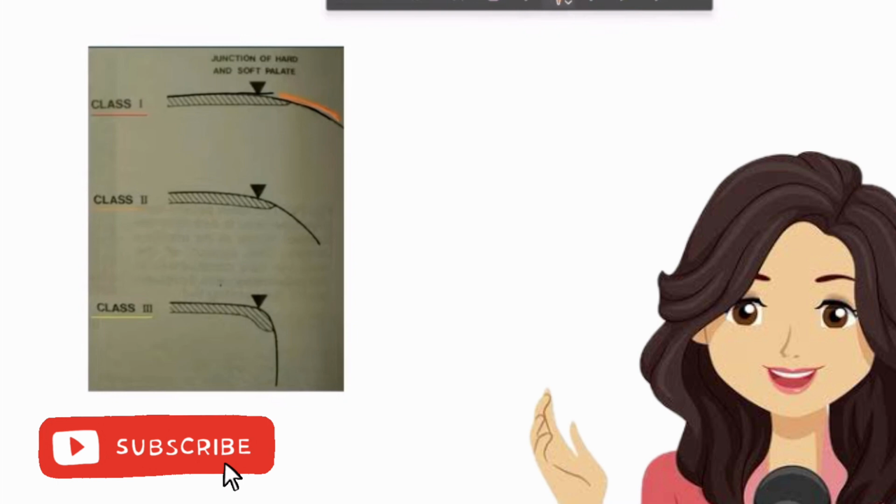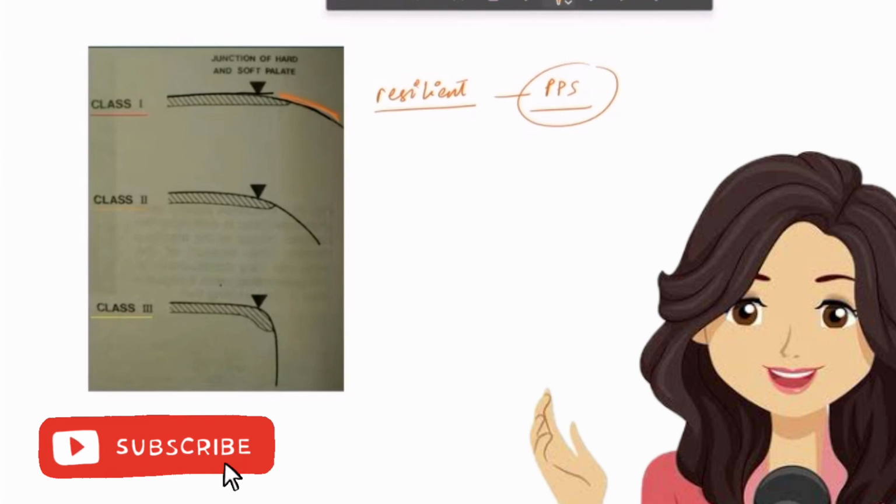The junction between both of them is usually made of resilient tissue which forms the PPS. Some pressure can be applied over this area within physiological limits, so it can help you with retention of the denture.